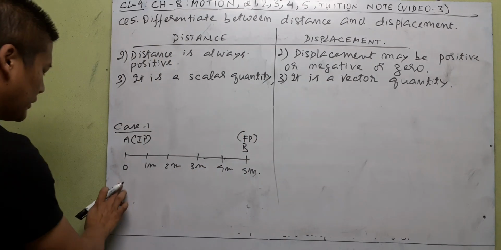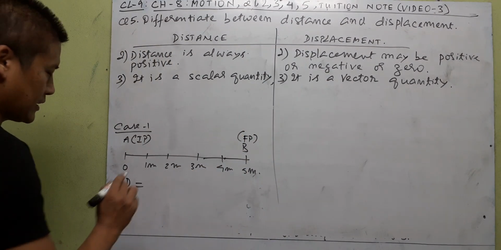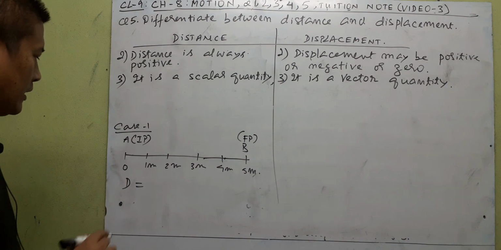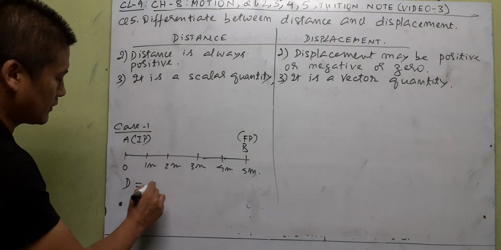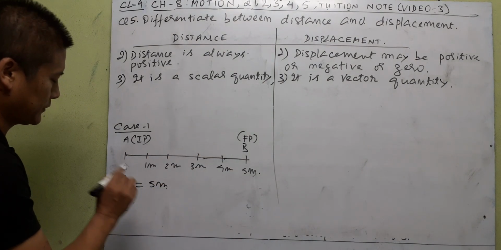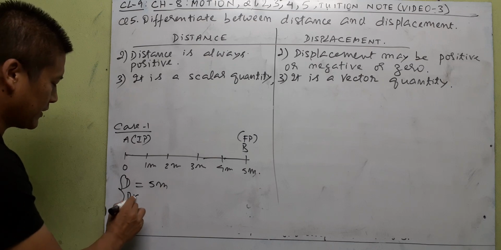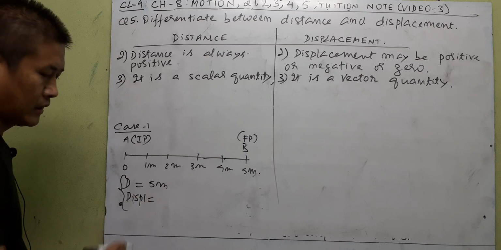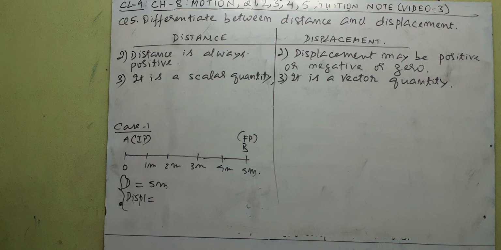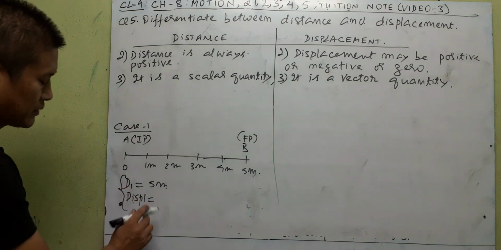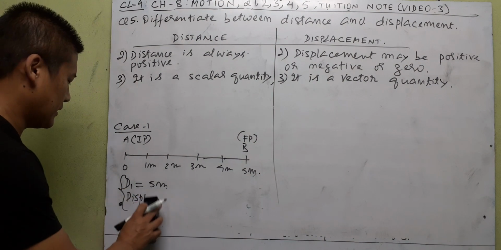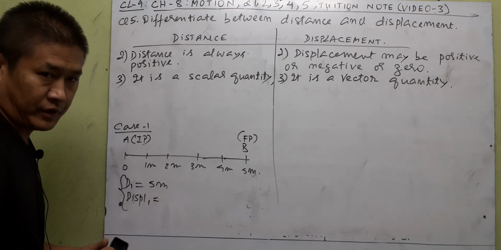So his distance will be how much? Distance, let us use small d. If he stopped here, his distance is 5 meter, right? This is the first case. Then displacement, we'll just write displ. Okay, so d1 and then displacement 1, first case, let us say. Please write along with me.